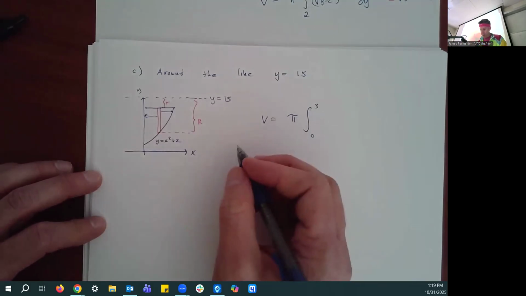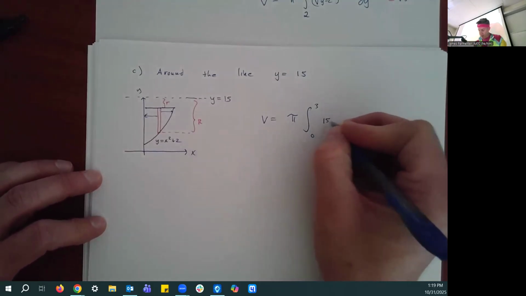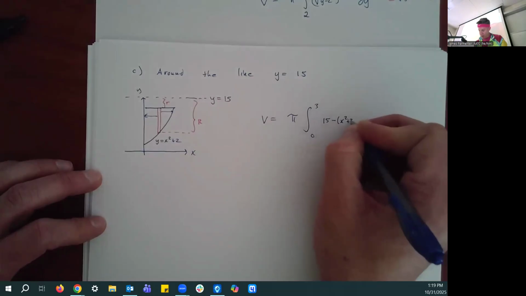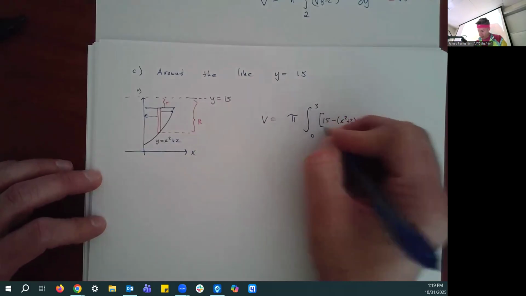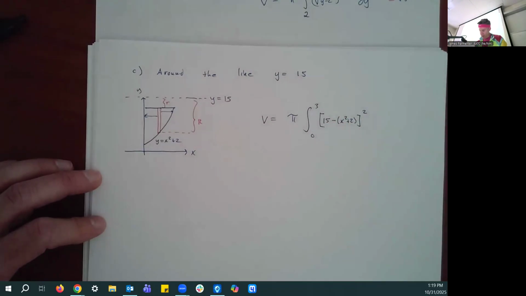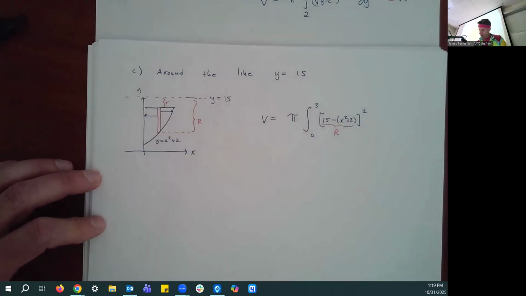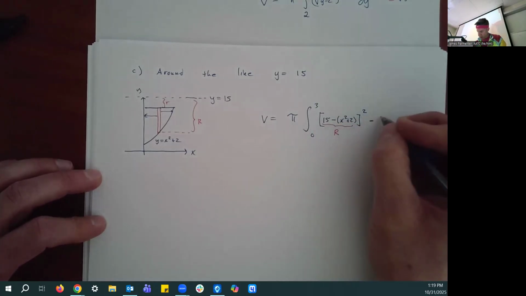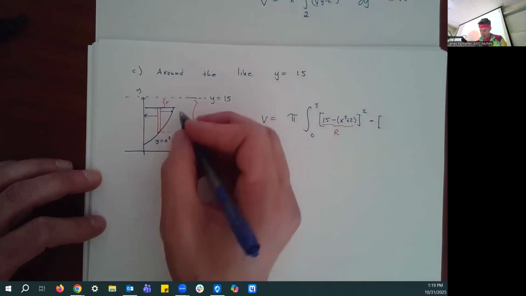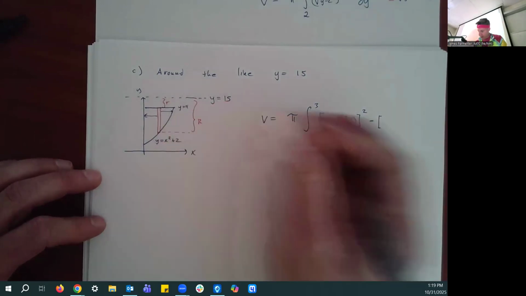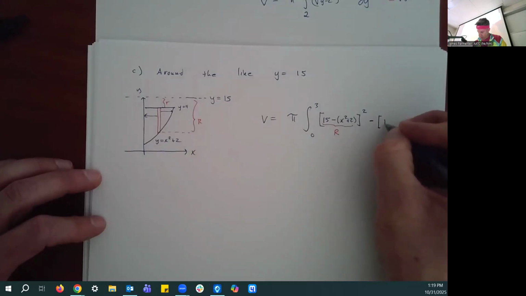So it's going to be 15 minus (x squared plus 2), quantity squared. That in the brackets is your outer radius minus your inner radius squared, which is going to be 15 minus 11. Yes, you could write 4.